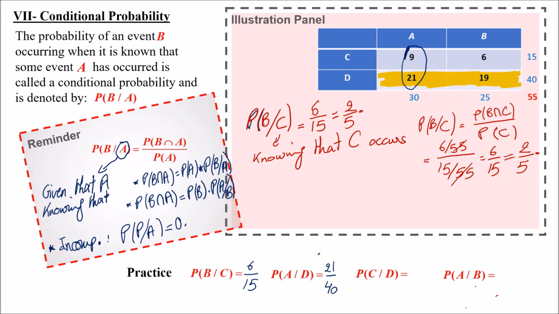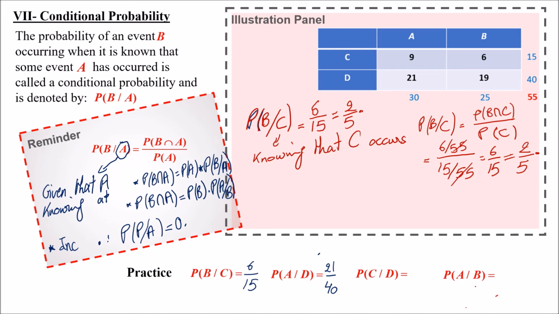Now let's move to find P of C given D. Look here. We already know that C and D are incompatible events, meaning their intersection is equal to phi.